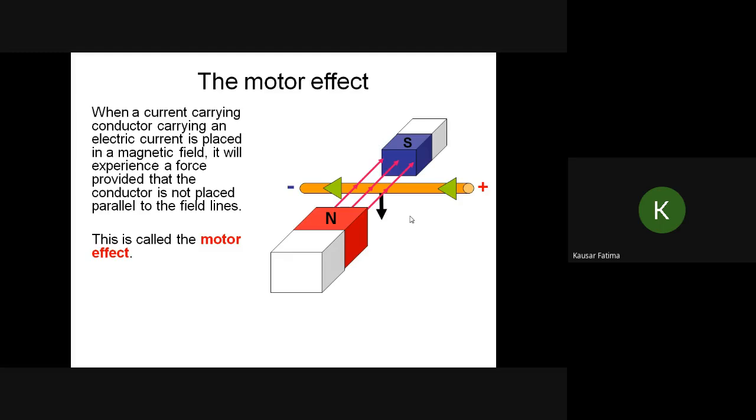So your thumb now points in the downward direction. So force will be in downward direction. Wire will be pushed. If it is free to move, wire will be pushed upward or downward depending on the direction of current and direction of field.